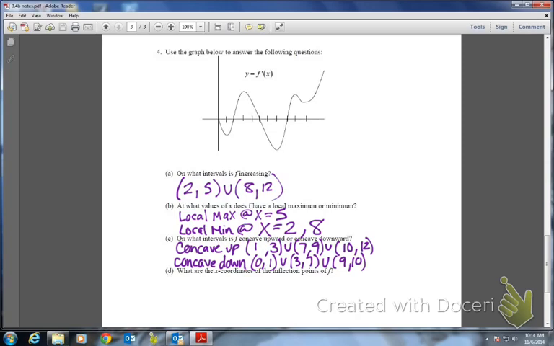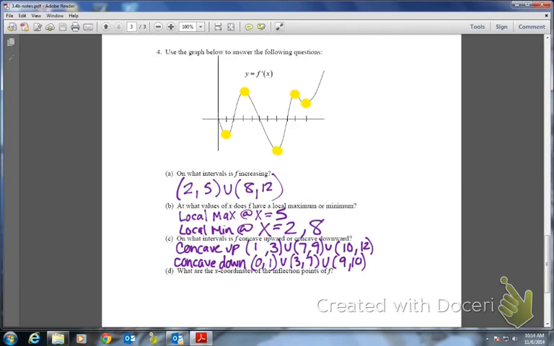All right, last but not least, what are the x-coordinates of the inflection points of f? So remember, inflection points of f means the first derivative has a critical point, or in other words, a turning point. So where does this graph have turning points is essentially what it's asking. Those are the zeros: 1, 3, 7, and 9.